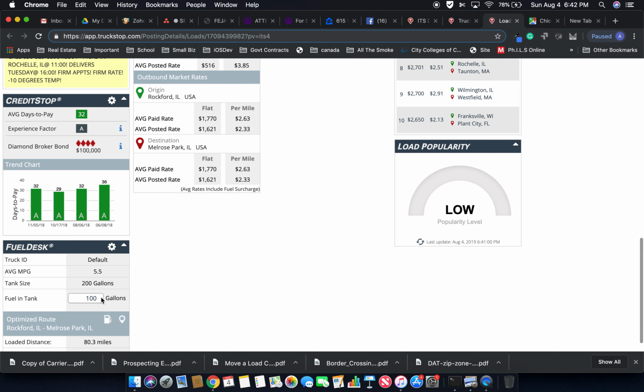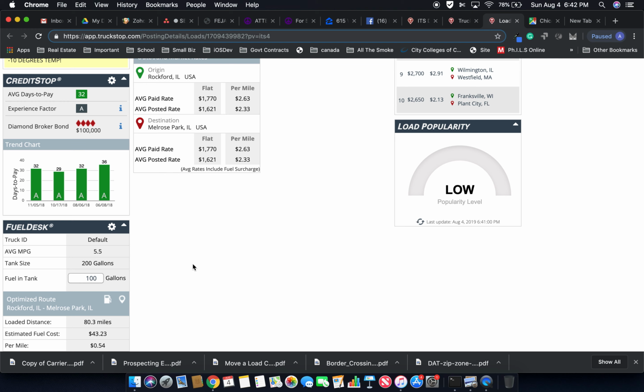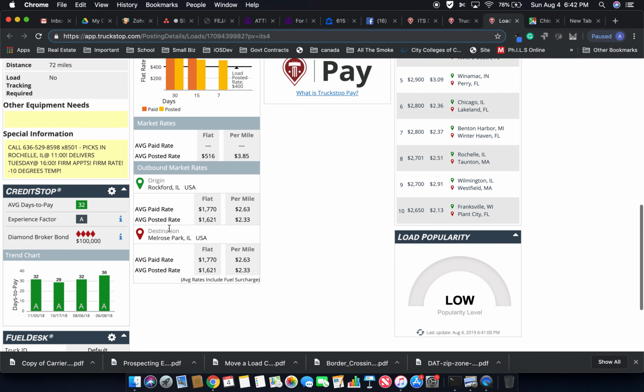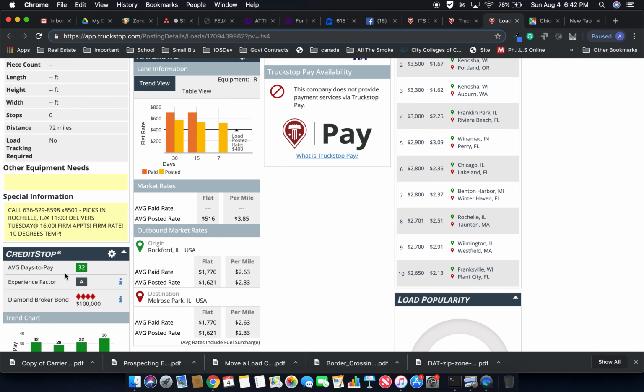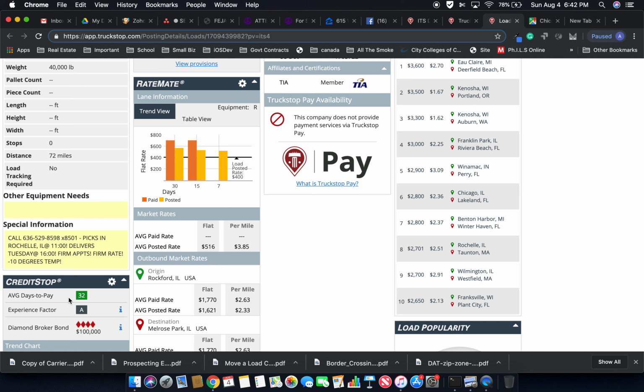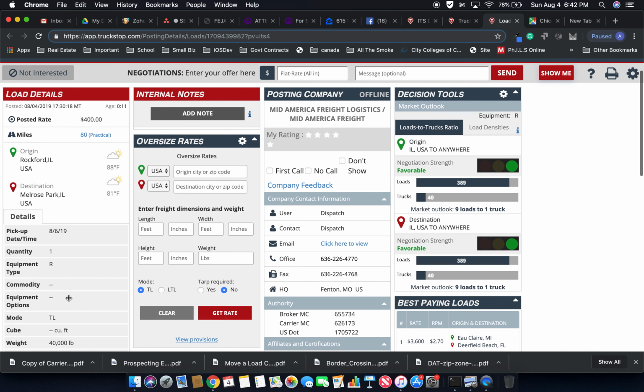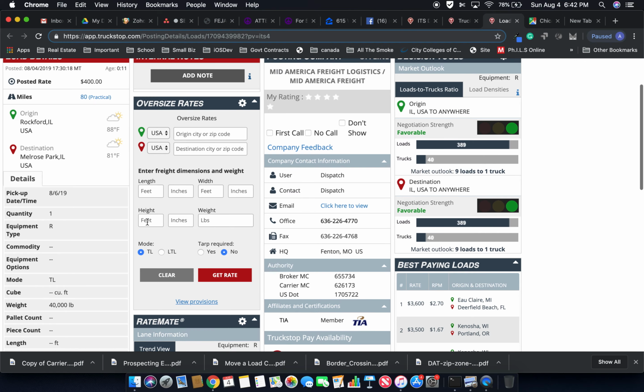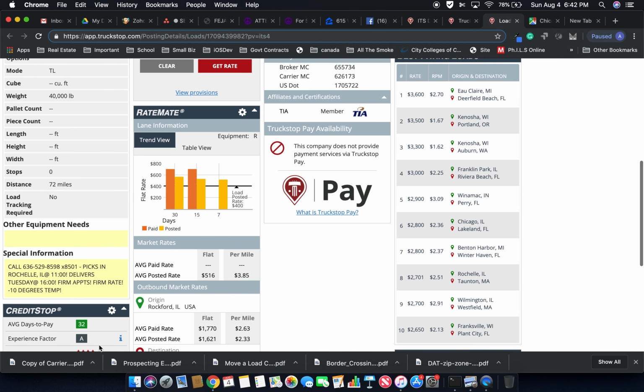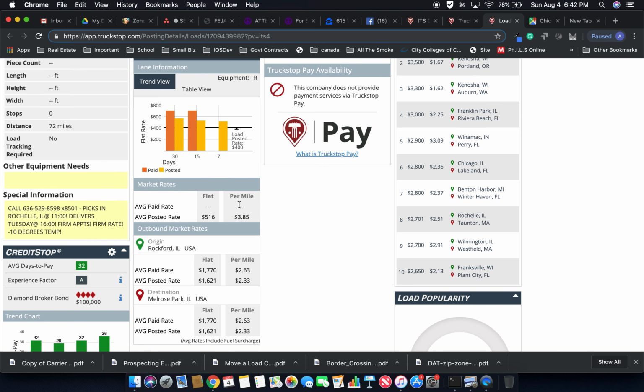So you can kind of do some math there with Fuel Desk, and that'll help you out. Let's see, they give you the credit stop, so credit information for their shipper. So whoever is doing this load, or the broker who's doing this load, they tell you about the credit. And then again, that's how you figure out your rate in that situation.